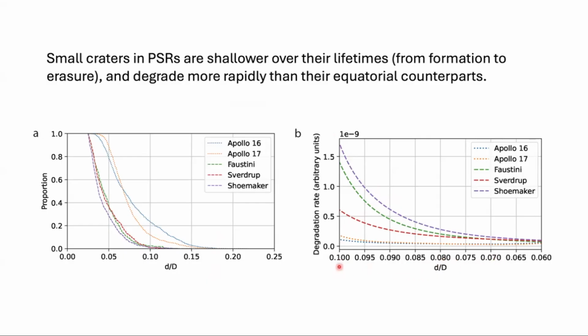So what we're seeing is, after a crater has gone through that very fresh initial stage of its life, and is into the 0.1 down to 0.06 intermediate range, the degradation rates, what we're inferring from this plot anyway, are higher in the PSR areas that we looked at than they are in the Apollo sites.